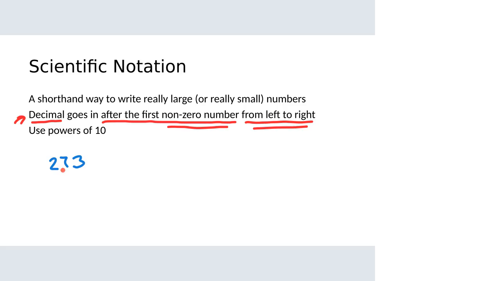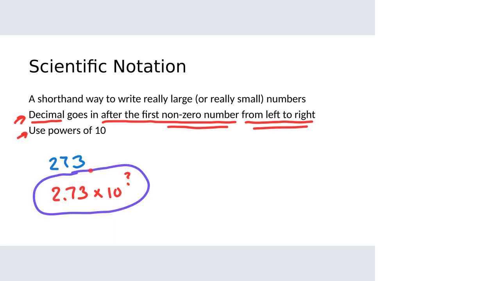So when I write this in scientific notation, I'm going to have 2.73. I'm going to use powers of 10 to help me write this number. So it's 2.73 times 10 raised to some power. What I have to figure out is what power am I going to use?